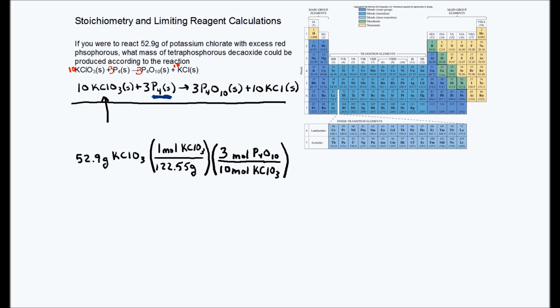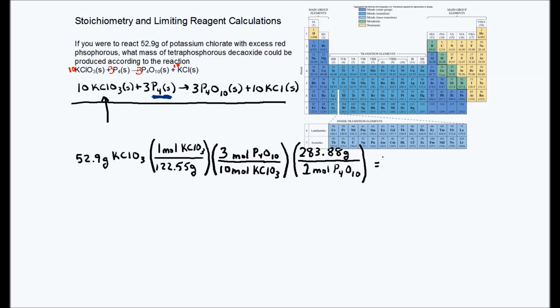Okay, and now I can convert to what I want. I don't want moles of P4O10, I want grams, and I know 1 mole of P4O10 has a molar mass from the periodic table. I have 4 phosphoruses, 4 times 30.97, plus 10 oxygens, 10 times 16. Doing the math, this is 283.88 grams of P4O10.